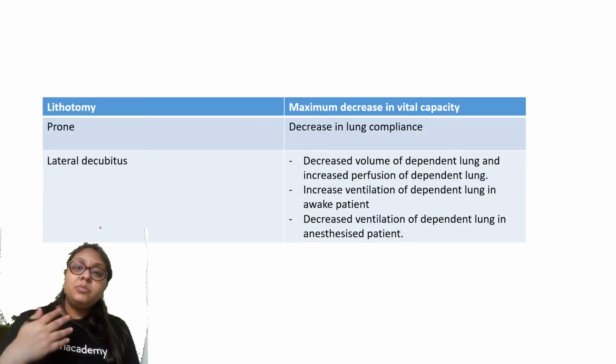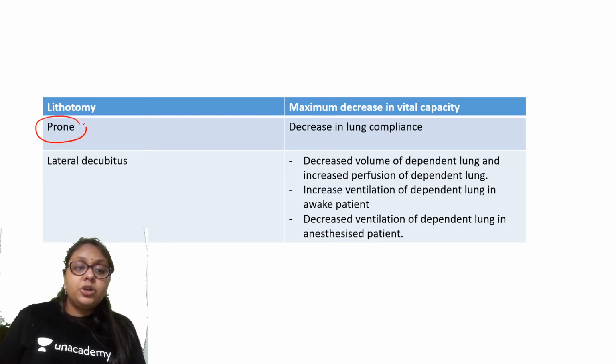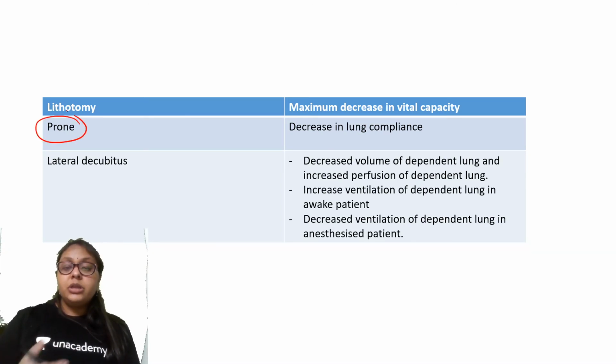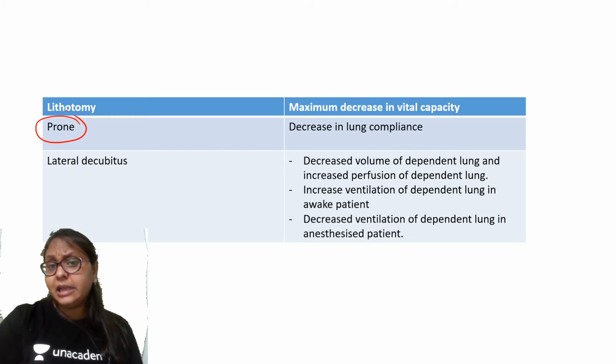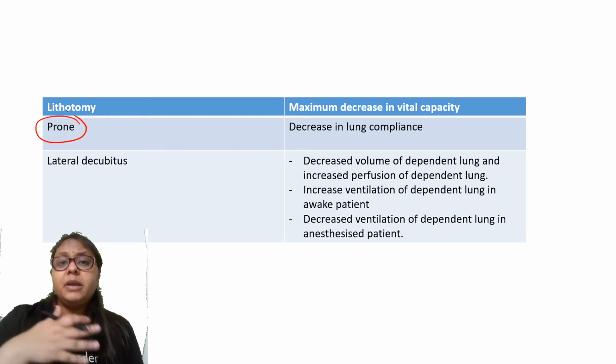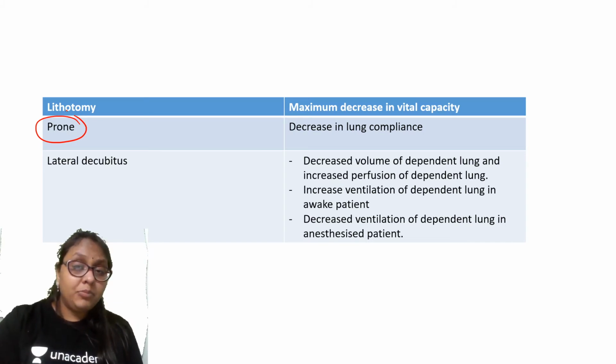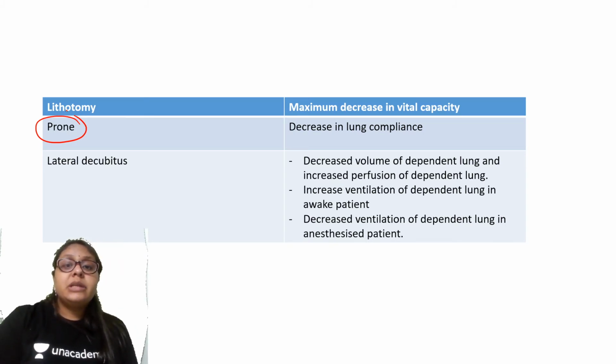Now what happens in prone position? जब हम पेशेंट को उल्टा लेटाते हैं, so there will be compression of the chest and the abdomen, right? ओके, तो उसकी वजह से क्या होगा?